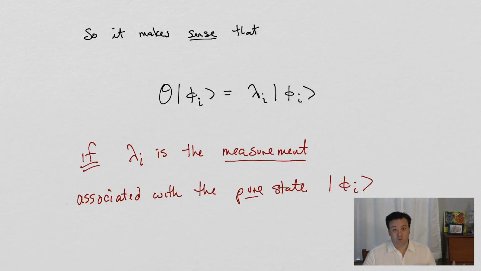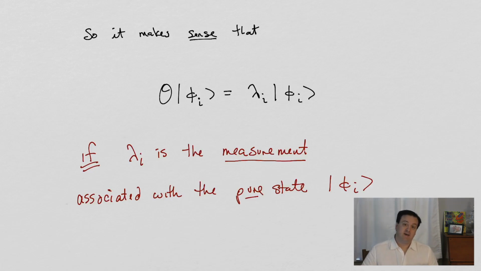But in principle, what I see in this operator is the ability to take some measurement. And then all of the possible measurements that come out of it are really the eigenvalues of that operator, right? They are the results of the measurement.